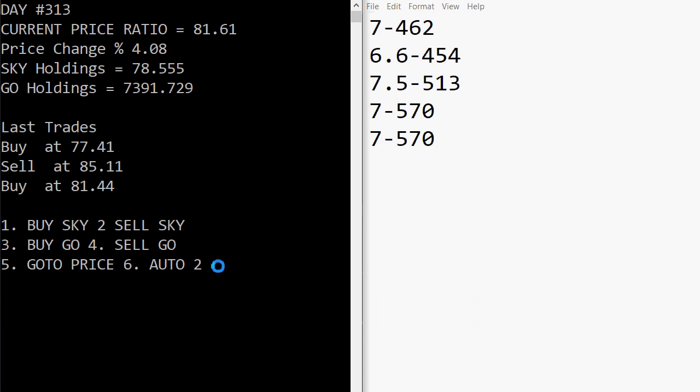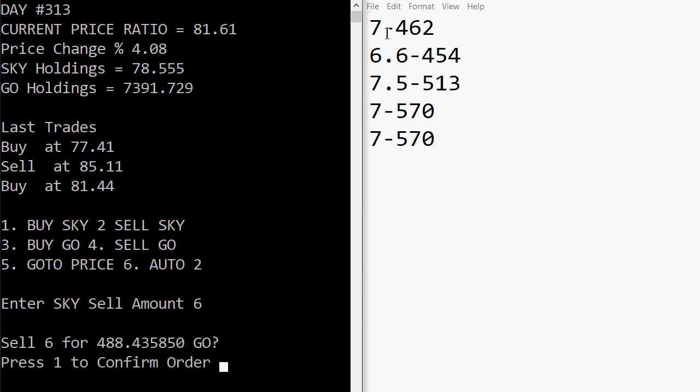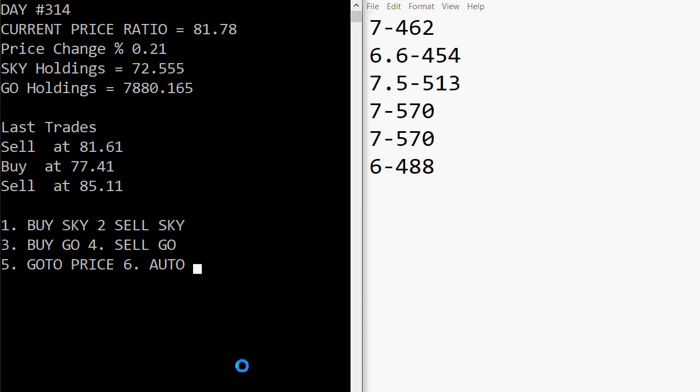And it goes up to 81, so we'll put another sale in. Let's do 6. And that would give us 488. Okay, now it goes down to 4.76%, but it's actually, it looks a bit more than that.